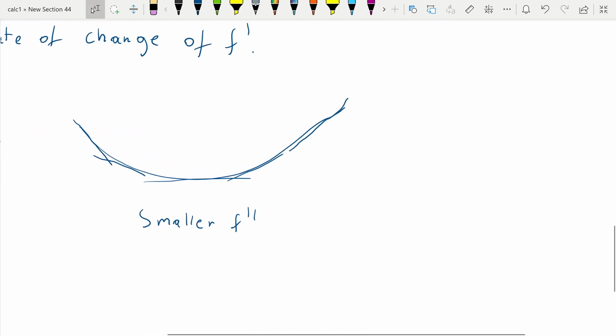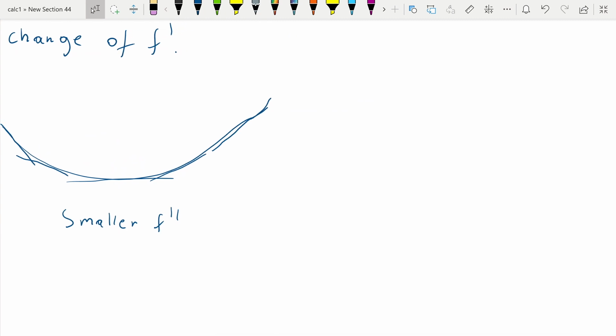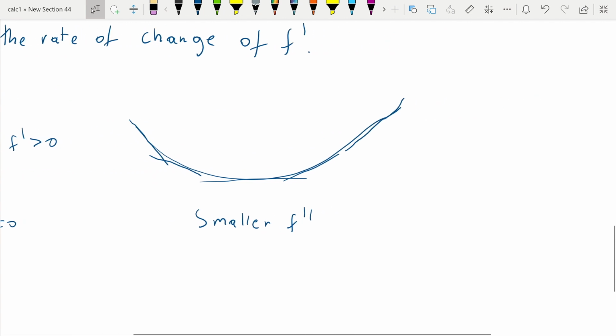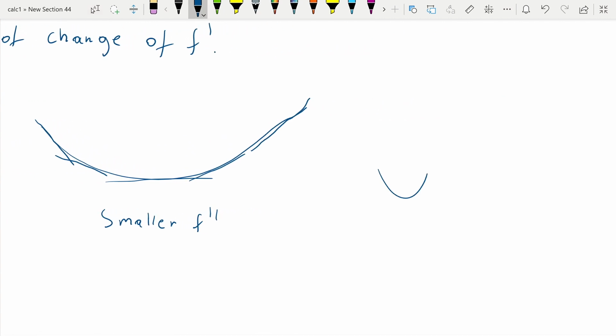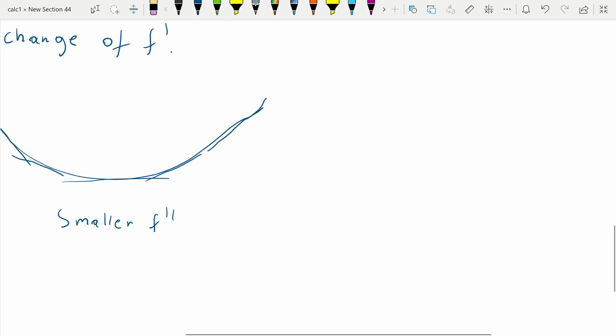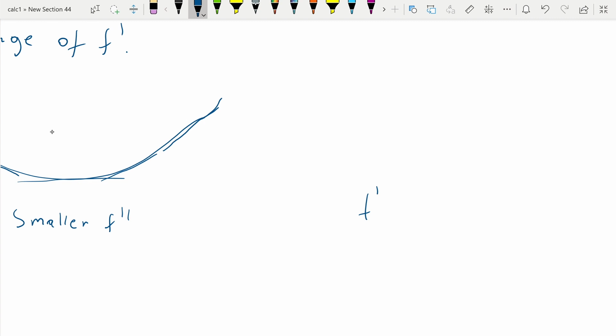But other changes may happen as well. If f double prime is negative, then instead of making this kind of U shape, you'll be going in this direction. The limit case, of course, is something between, where you don't bend upwards or downwards, and that's when f double prime is equal to 0, so that means that you have a straight line.